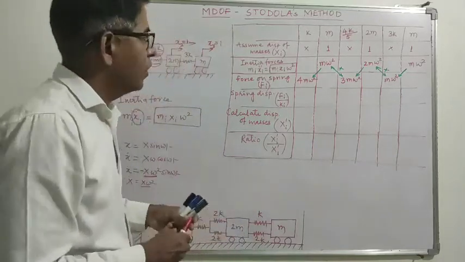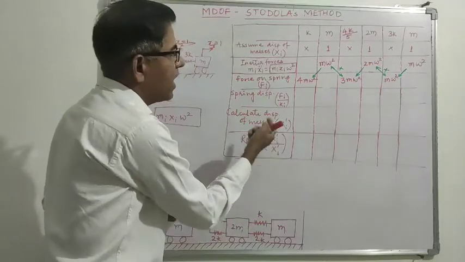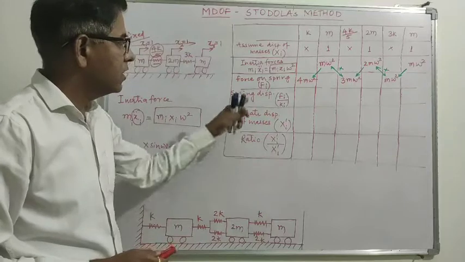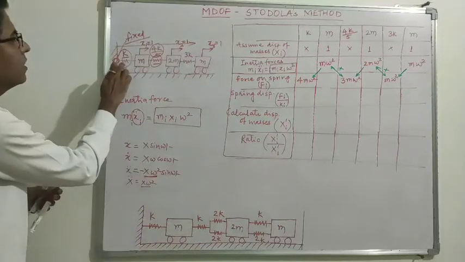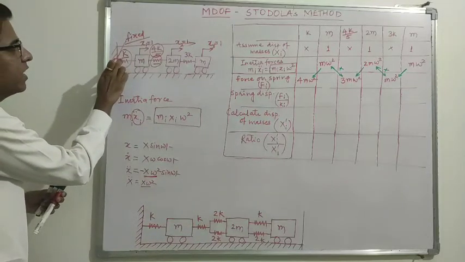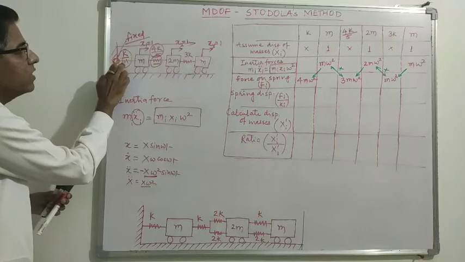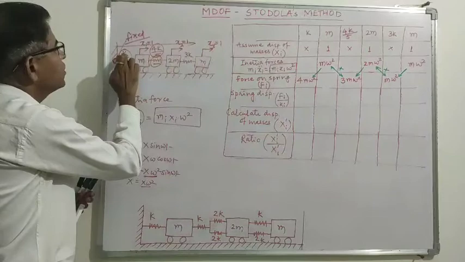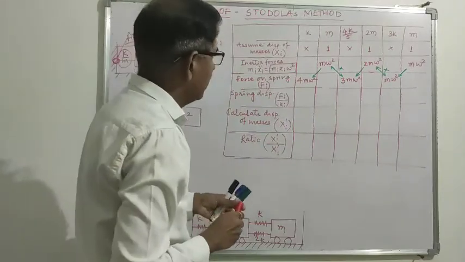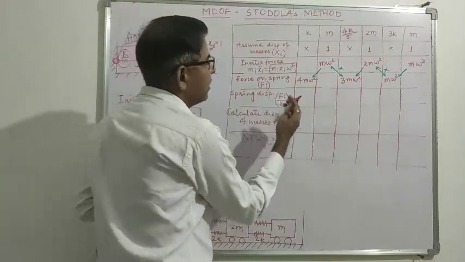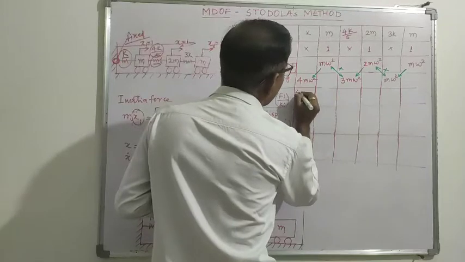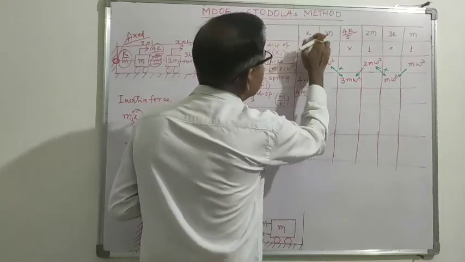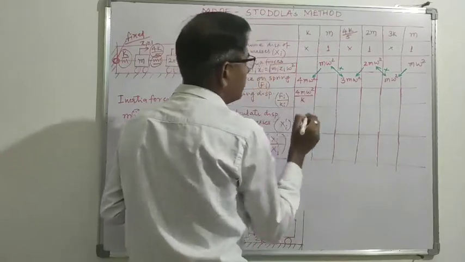So Fi upon Ki will give you the spring displacement. The force acting at this spring is 4m omega square, and the stiffness of this spring is k. So the spring displacement will be 4m omega square upon k.